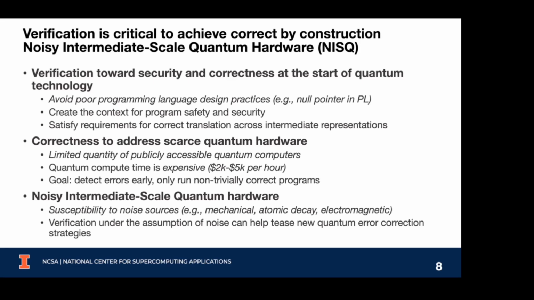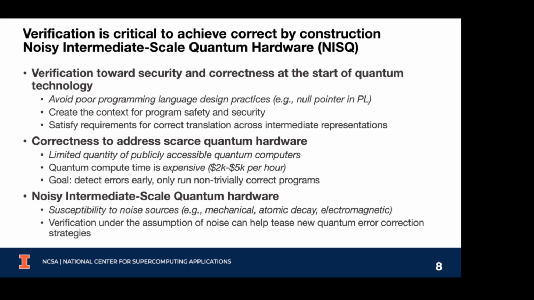Secondly, we want correctness to address scarce quantum hardware, because right now we have a very limited quantity of publicly accessible quantum computers, and each time we want to use quantum computation it is very expensive, about $2,000 to $5,000 per hour.